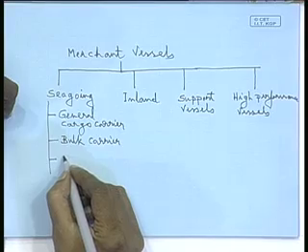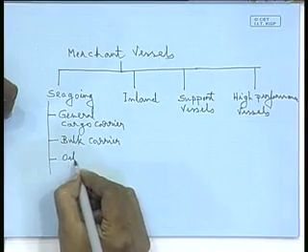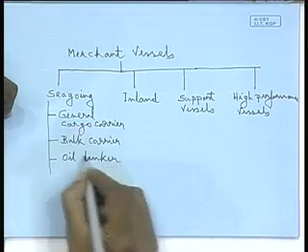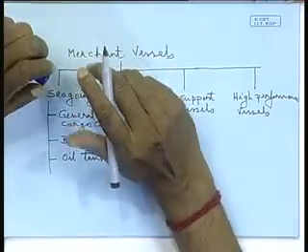Next comes, possibly we can mention the oil tanker. This is also a bulk carrier, but it is a liquid bulk carrier. So, we give a different name, oil tanker. There we carry oil primarily. By oil tanker we mean the crude oil tanker, crude carrier, because there is a huge trade of petroleum crude transportation, right?